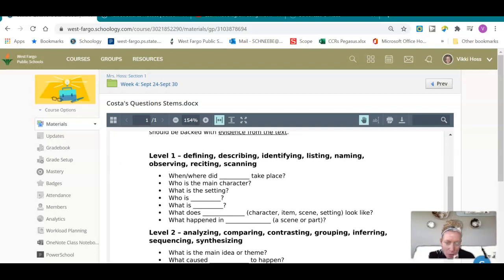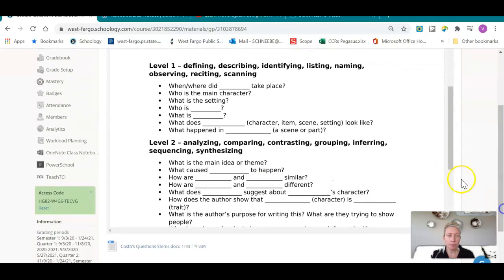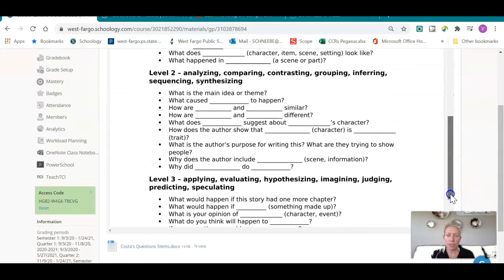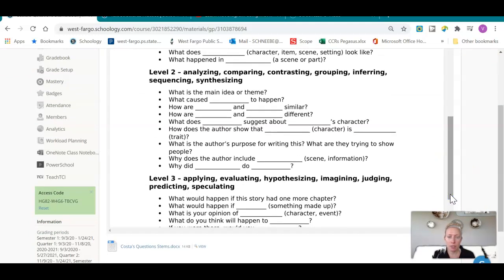But when we look at this, we're looking at the different levels of questions. These would be our thin questions: when, who, what, questions that have simple answers. But as we go a little bit deeper, we've got level 2 and level 3.